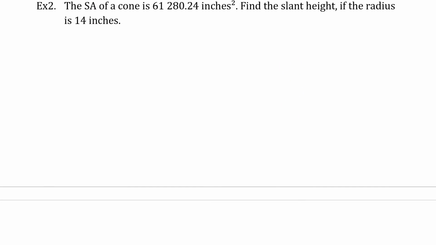The surface area of a cone is 61,280.24 inches squared. Find the slant height if the radius is 14 inches. We're looking at the surface area of a cone, and if I look on my sheet of paper, it's going to be pi r squared plus pi r s.